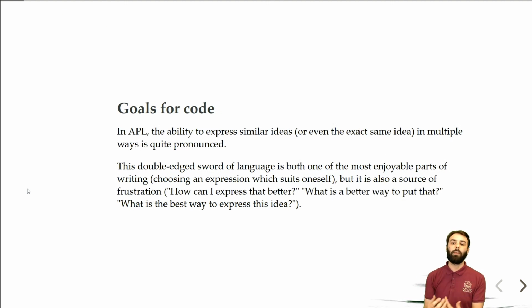To give a bit of context, I want to talk about goals for code, and APL in particular. One of the main advantages from my perspective is the ability to express ideas in APL. And it's great, and it kind of mirrors natural language in the sense that there are, and this is true for other programming languages as well, multiple ways to express similar ideas or even the exact same idea.